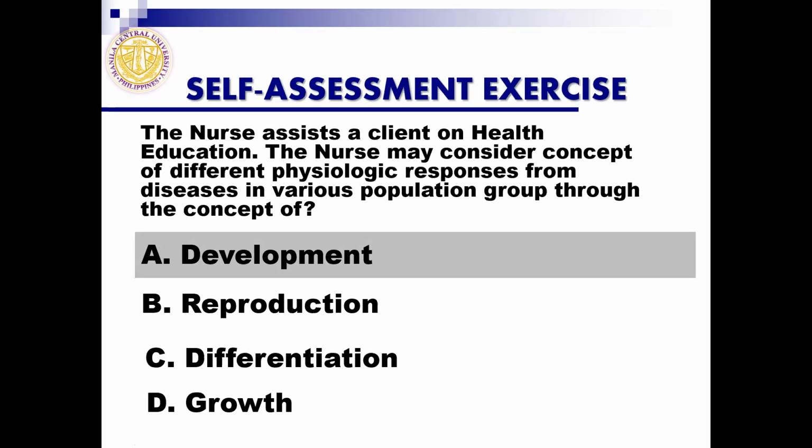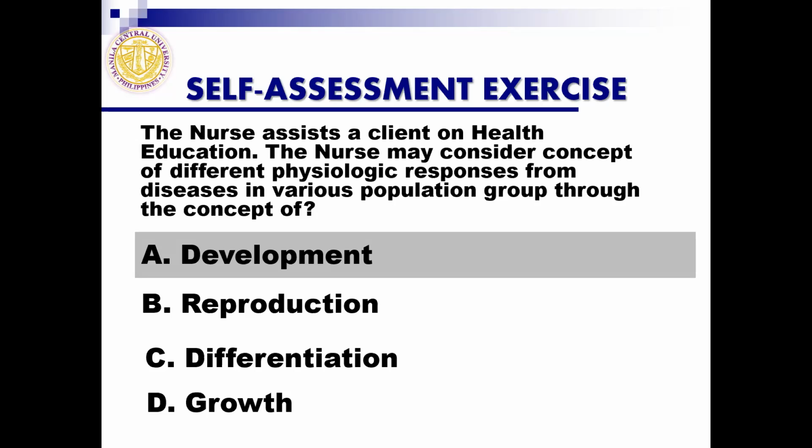The answer is development simply because it best explains that, as I have mentioned, the physiologic responses or processes change over time with age and the physical features that the person experiences. That is why, as an example, those prioritized for vaccination are the elders, because they have a slow and delayed immune response compared to children.